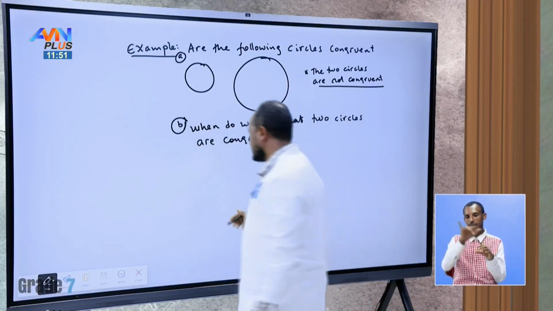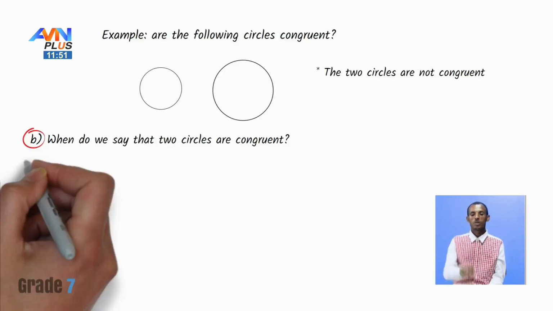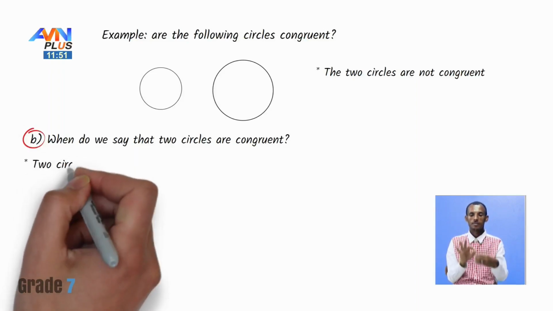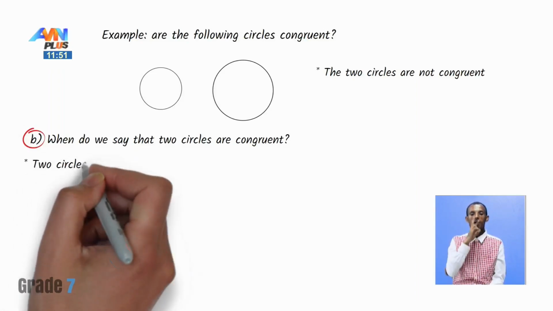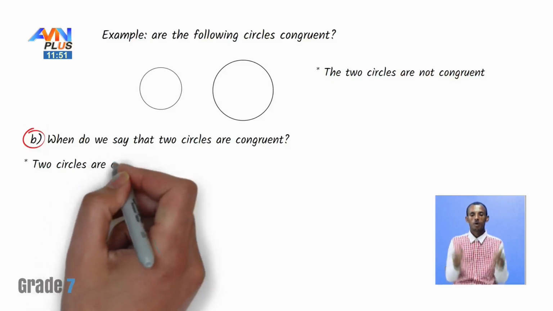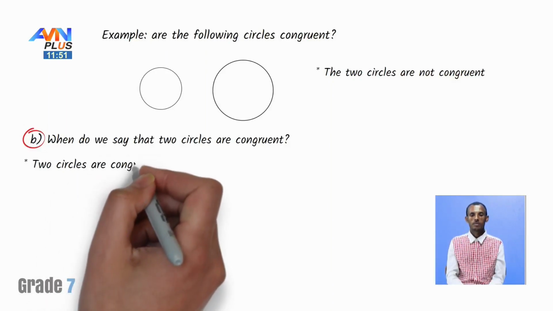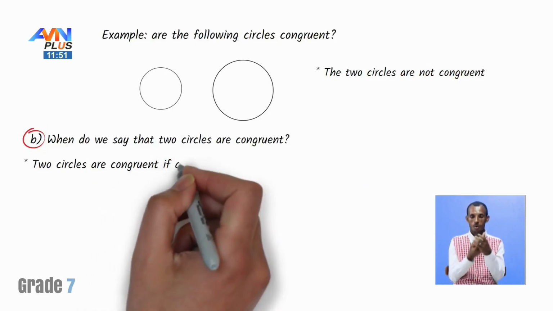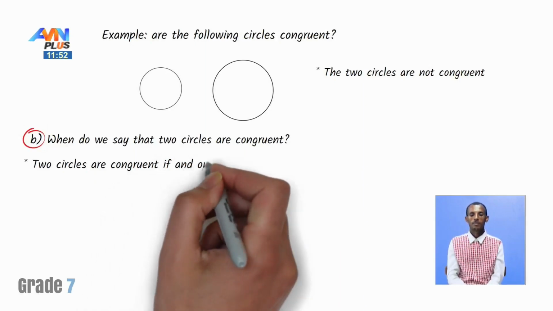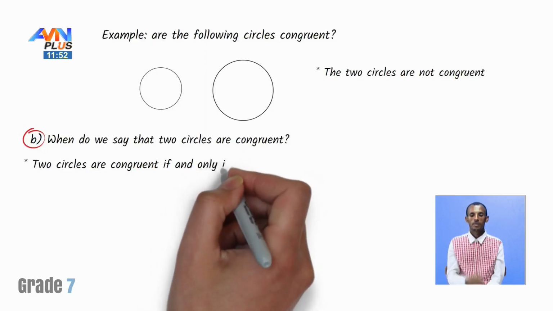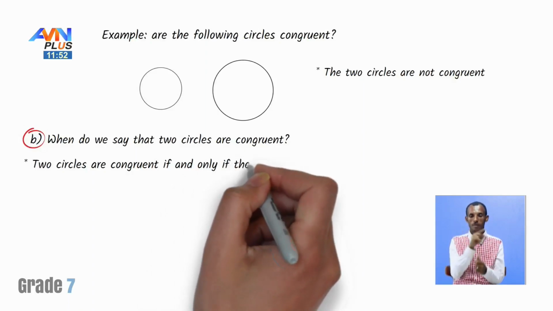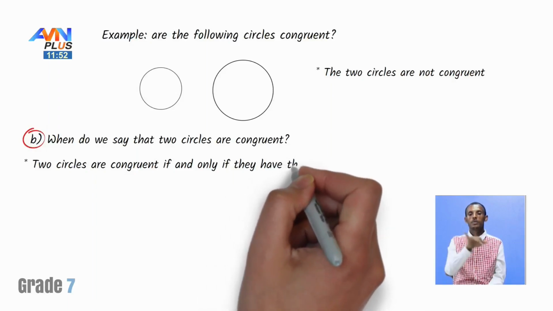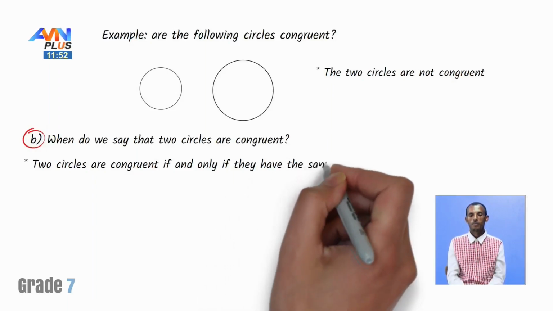So here, two circles are congruent if and only if they have the same radius.